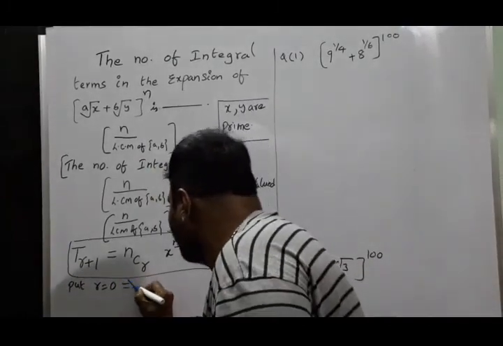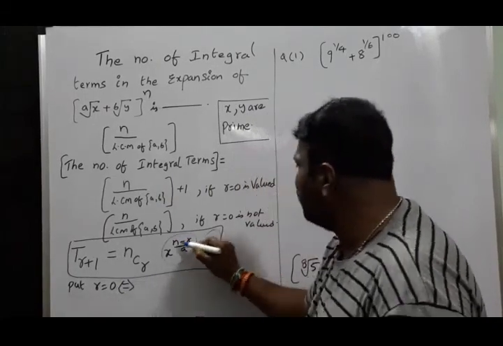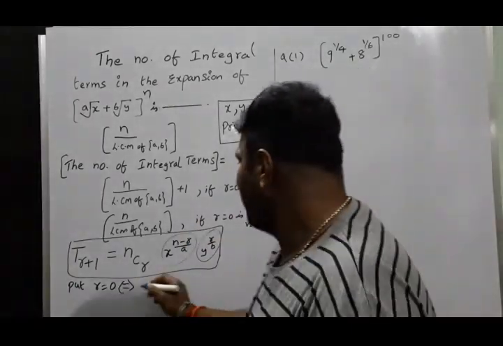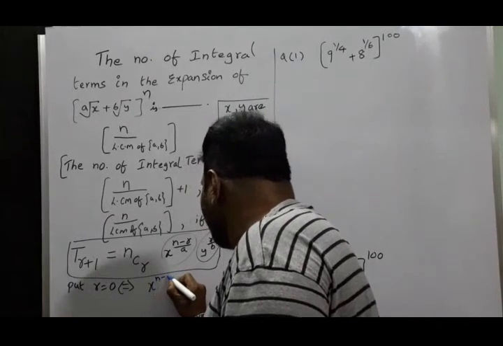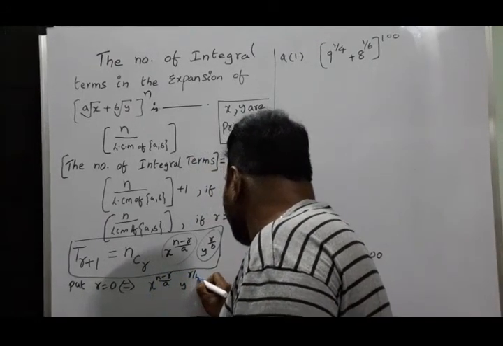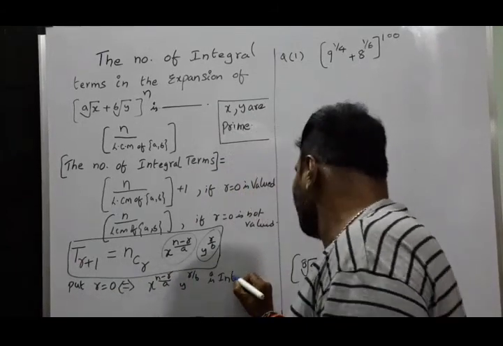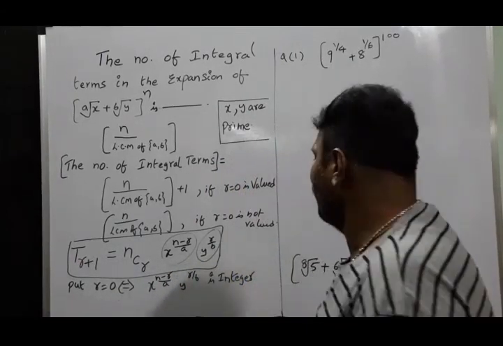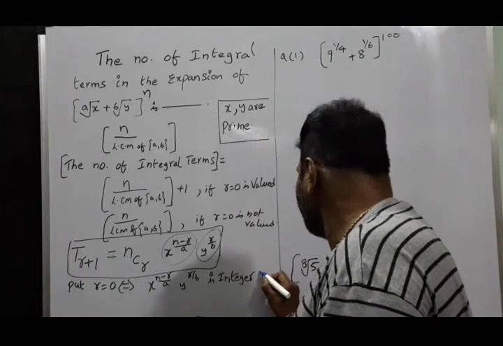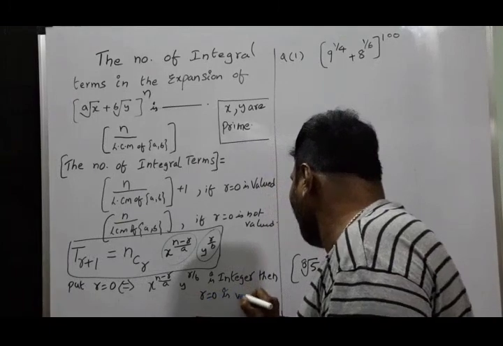Then if both this term and this term have integral powers, then r = 0 is valid. If x^((n-r)/a) and y^(r/b) are integers, then r = 0 is valid.